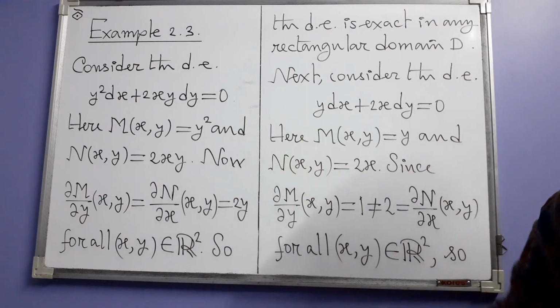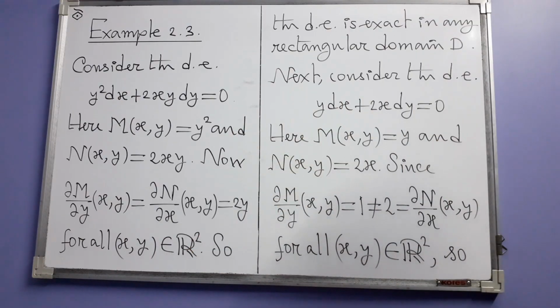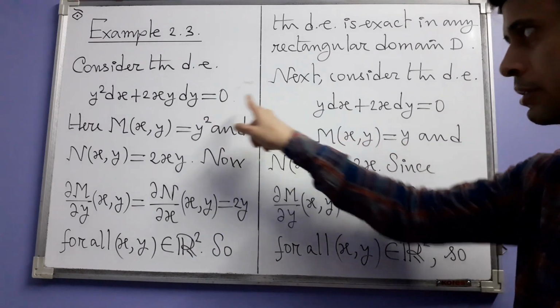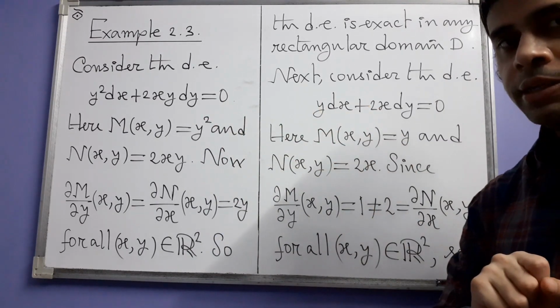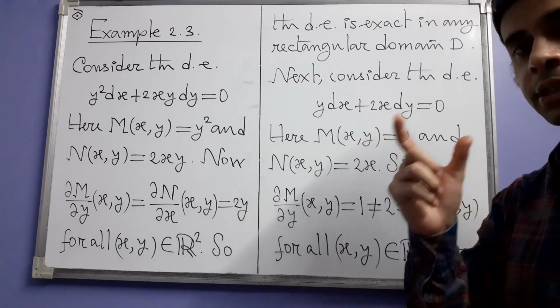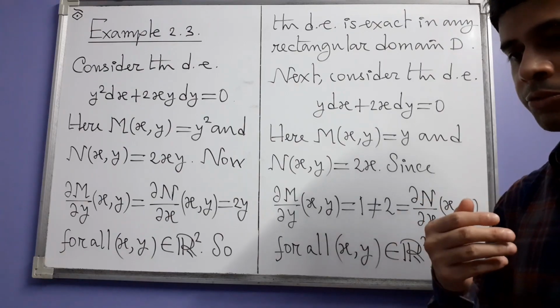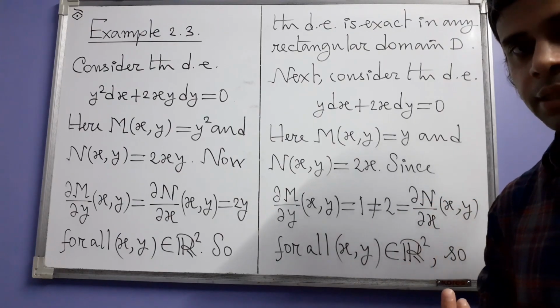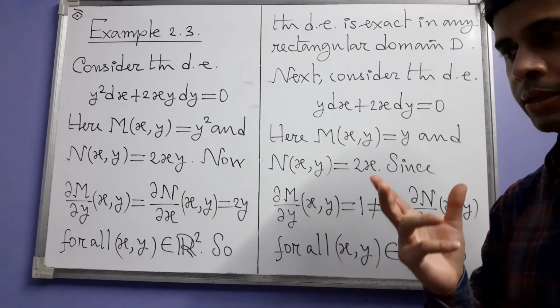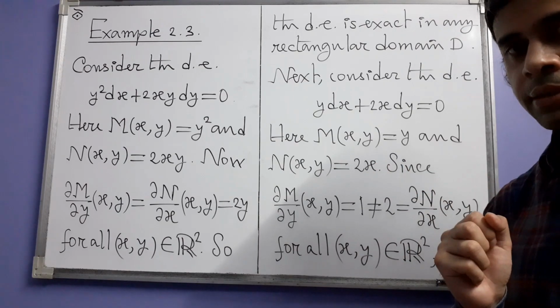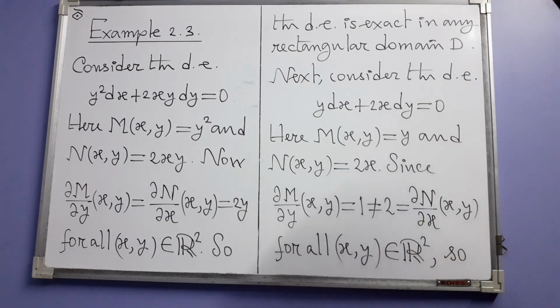So the equation is also exact there. And next, actually if you recall, these are examples we have already seen. In fact, before stating Theorem 2.1, and then only we asked should we come up with some result that will help us to say that an equation is exact. So that's how the theorem came.